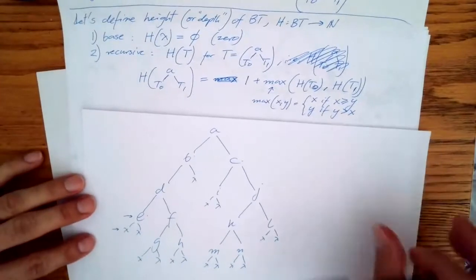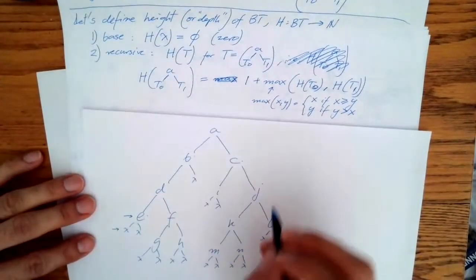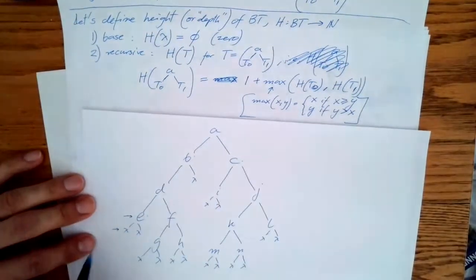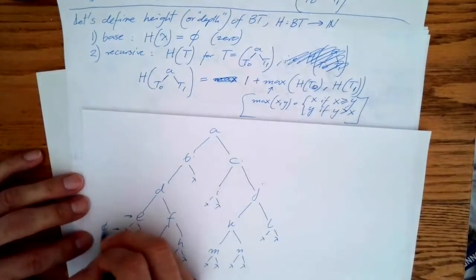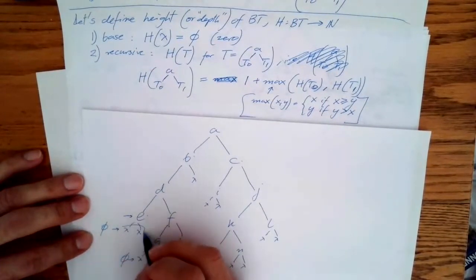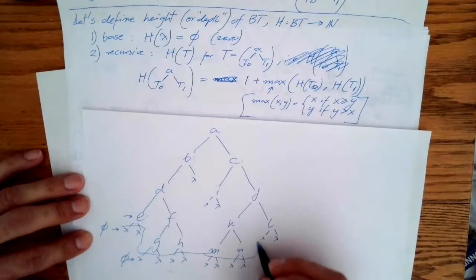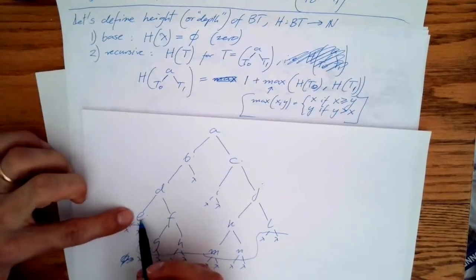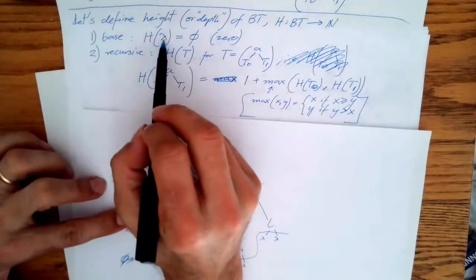And now, how did this recursive definition compute height? Well, all of these have height 0, right? All of these guys have height 0. Now, what about this guy? He's not the base case guy.